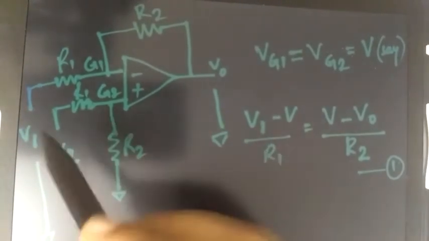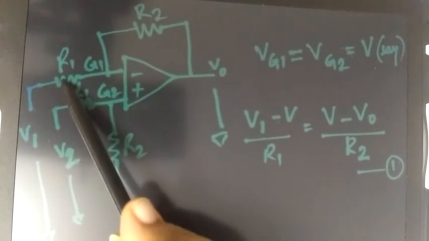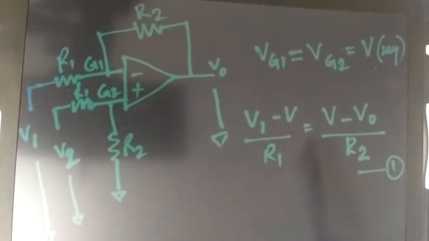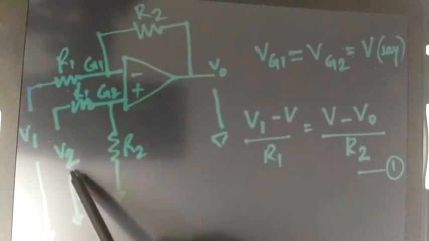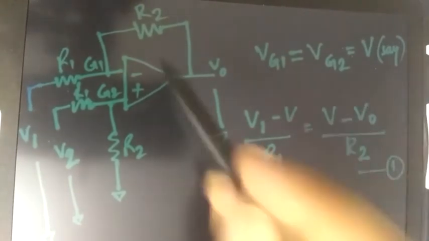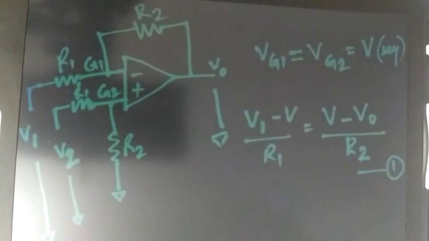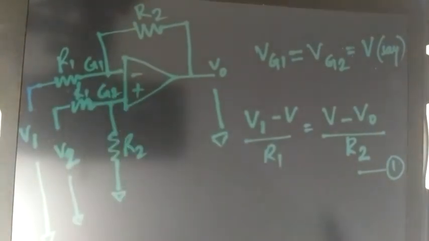How did we get this? The left side of the equation is (V1 minus V) by R1, derived from this part of the circuit, where V is the potential at point G1, and the right side is (V minus V naught) by R2.